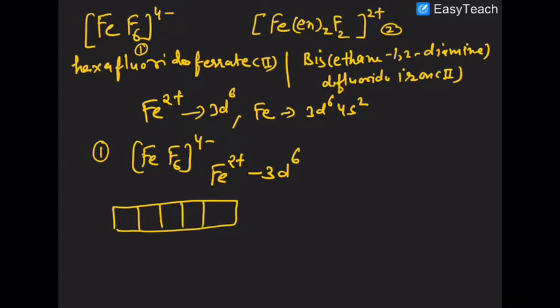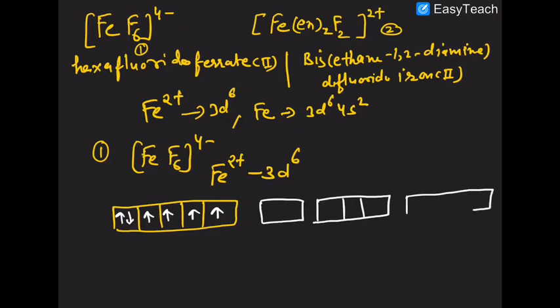So you have 4 unpaired electrons. Then you have 4s, then 4p, and then 4d.